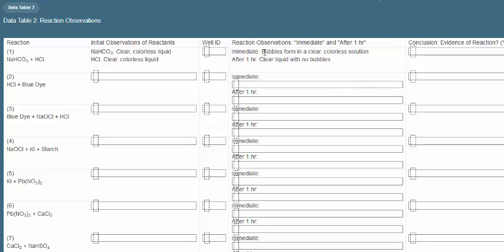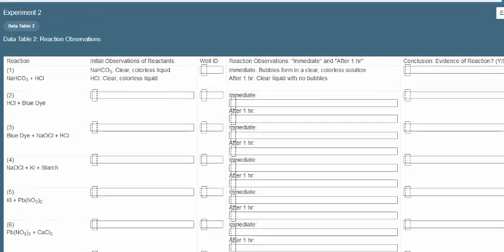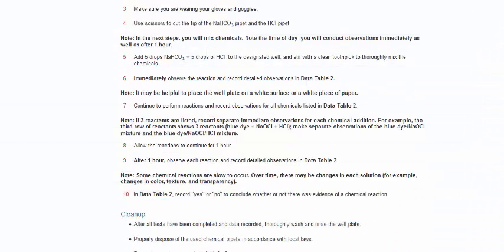Here, they've already filled this out for you for the first one: bubbles form in a clear colorless solution. And then after 1 hour, it will be clear liquid with no bubbles. So look for those bubbles, and if they're really tiny, then you know what to expect for other reactions that may evolve bubbles or a gas.